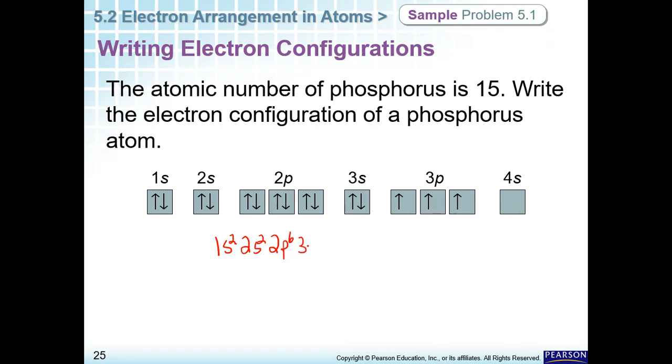Then I have a 3s, with 2 arrows. And then I have a 3p. Now p subshells can hold 6 electrons, but this one only has 3, so this is going to be 3p3. And then you are done. You do not write 4s because there are no electrons there.